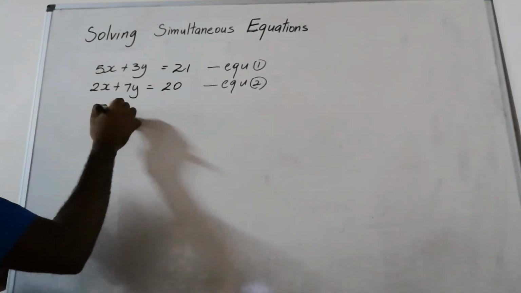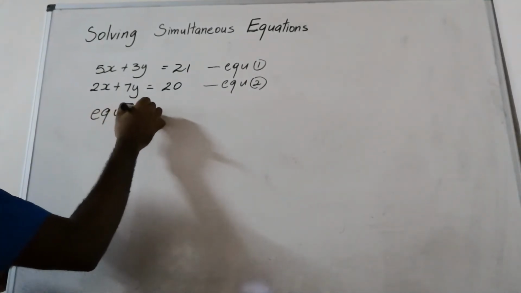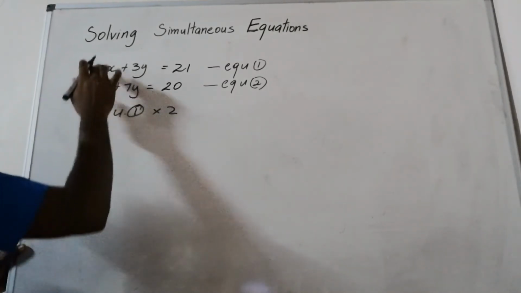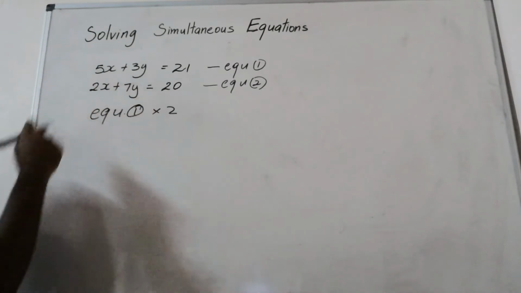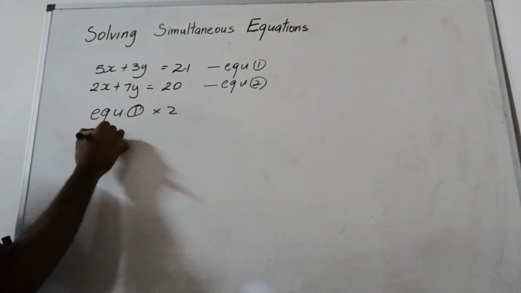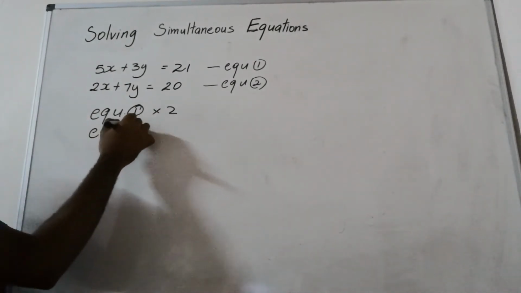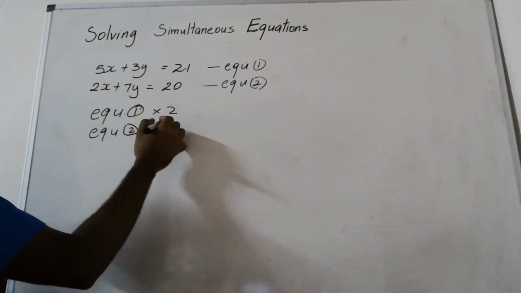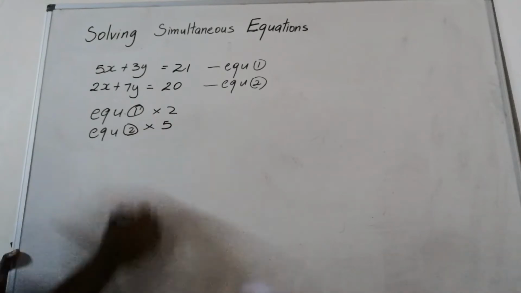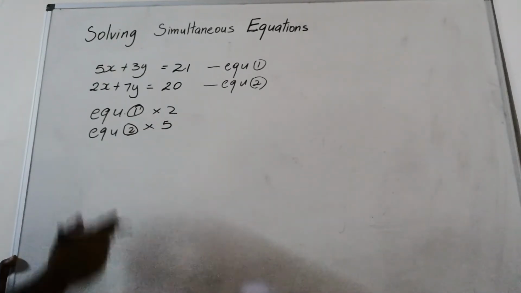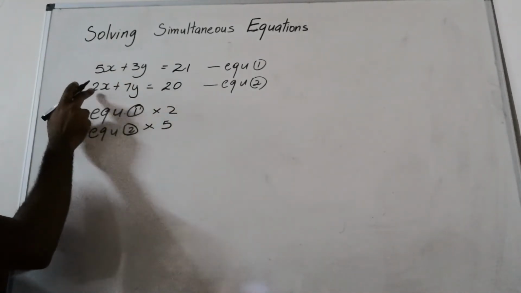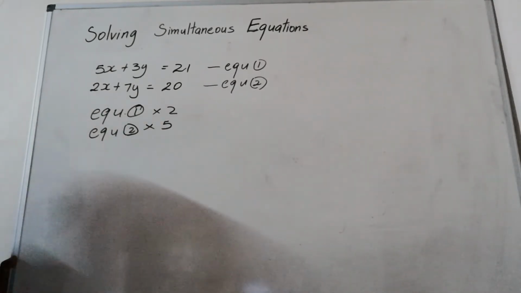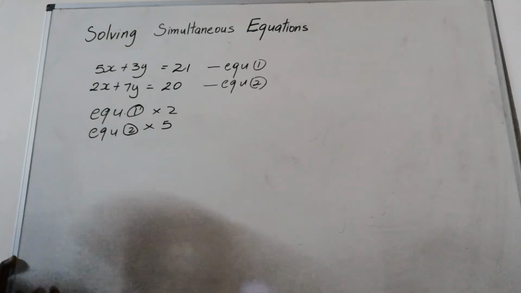So equation 1, we multiply by 2, and equation 2, we multiply by the coefficient of equation 1. So equation number 2, we will multiply by 5. All right, so equation 1, we multiply by the coefficient of equation 2. And equation 2, we multiply by the coefficient of equation 1 to get them the same.